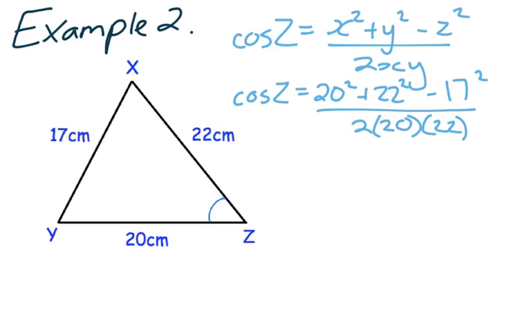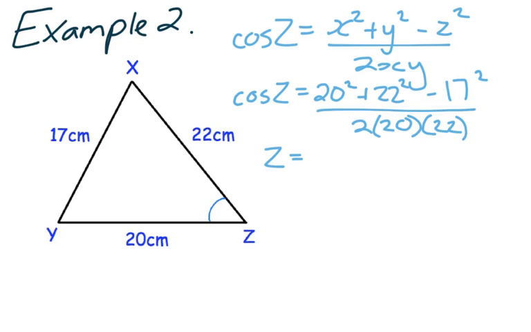Now, for cosine, I would suggest actually working out what that right-hand side of the equation equals, especially on a scientific calculator. On your Casios, fine, because you can pop them in as fractions, and the calculator understands to work out the numerator and then do the denominator. But if you don't have that capability on your calculator, it's easier if you just work out what that equals.